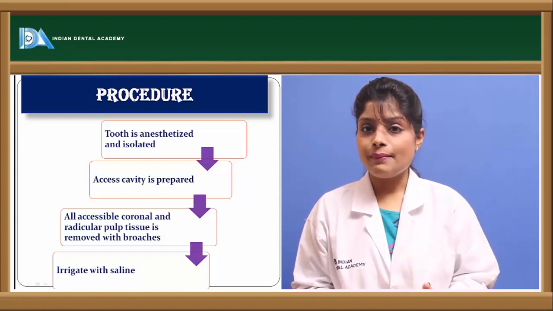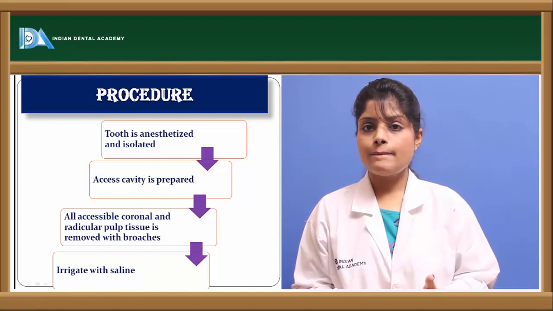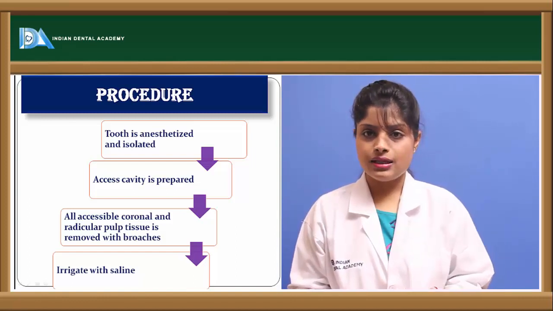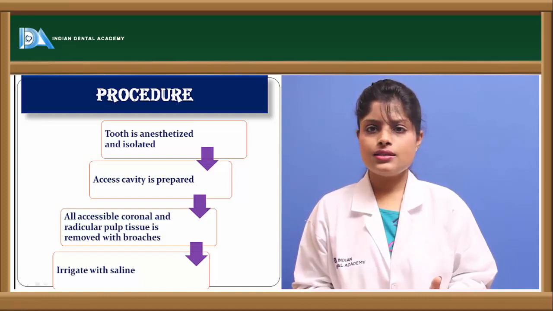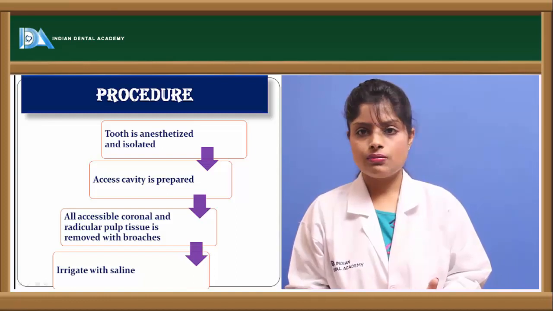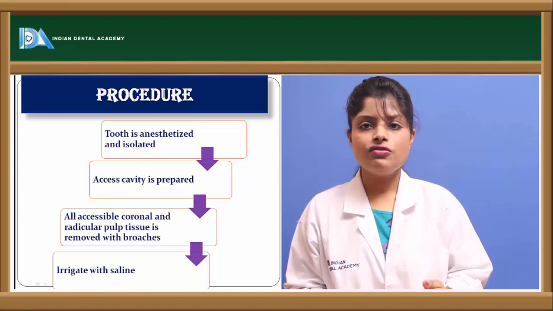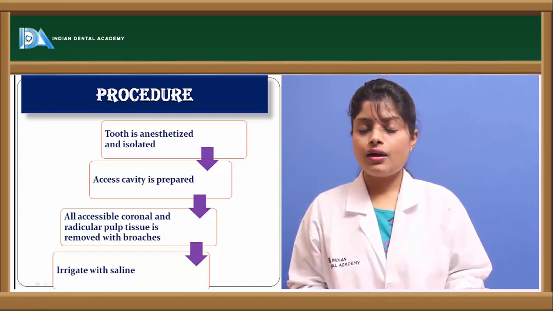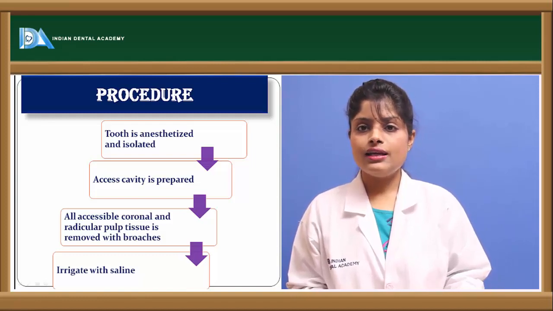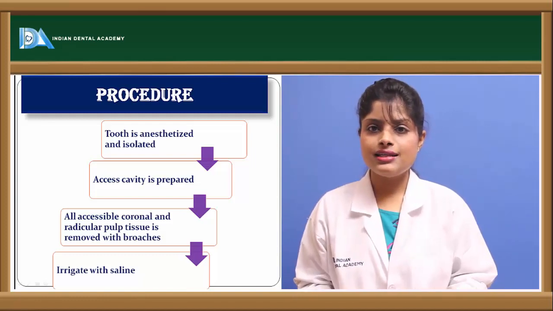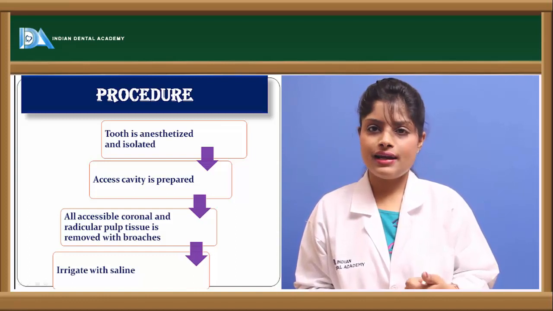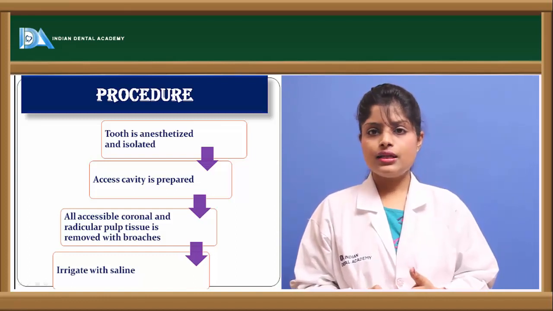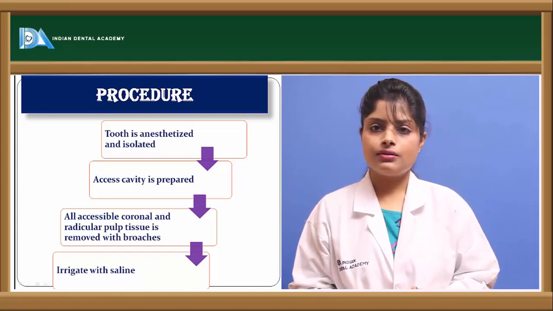But in some cases, if the pulpal tissue or the tooth is entirely non-vital, then it is not necessary to anesthetize the patient because the patient will not feel any pain in a non-vital tooth. If we inject the patient with local anesthesia, the patient may get apprehensive. So, wherever necessary, local anesthesia should be given.